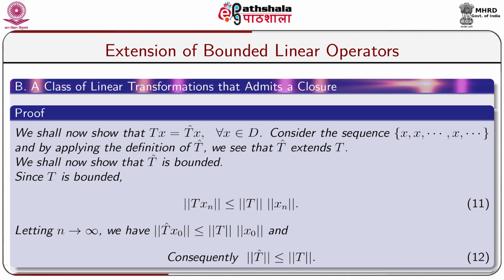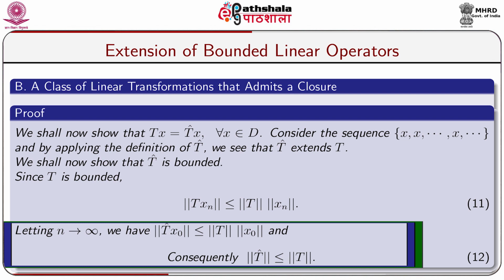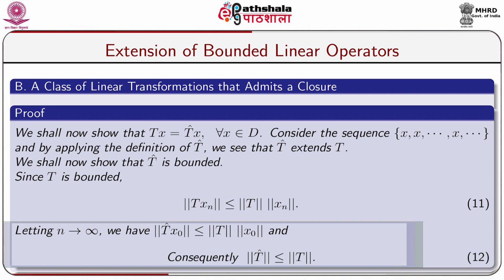Taking the limit on both sides in equation number 11, we see that limit over n of norm Txn is less than or equal to limit over n of norm T into norm xn, which implies that limit over n of norm Txn is less than or equal to norm T into limit over n of norm xn. Thus, we see that norm T hat x0 is less than or equal to norm T into norm x0, and consequently norm T hat is less than or equal to norm T. This is equation number 12.